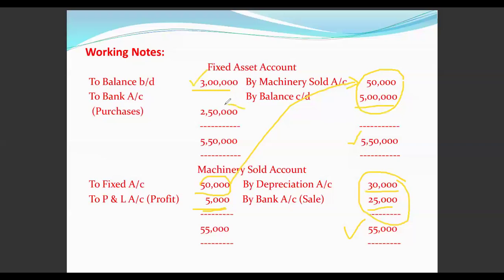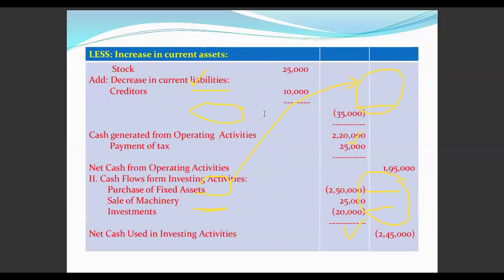So the balancing figure is 2 lakh 50,000, and the same amount I have considered in the numerical as purchase. And this amount may be wrong if I have not prepared the working notes.